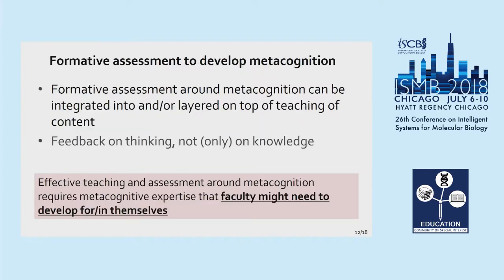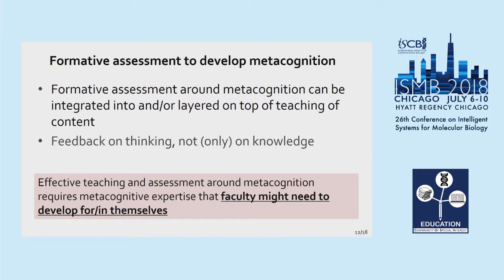So the point here about formative assessment and metacognition is that we use a lot of formative assessment, or hopefully we use a lot of formative assessment, to teach bioinformatics skills or any kind of other skills, but we can use formative assessment also to develop metacognition. So the idea is that formative assessment around metacognition can be integrated into the teaching of content.